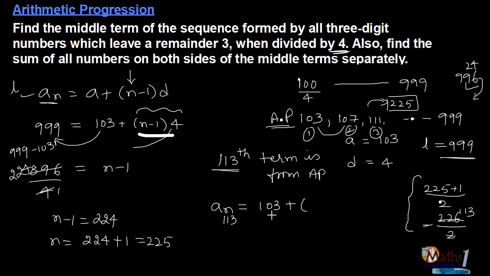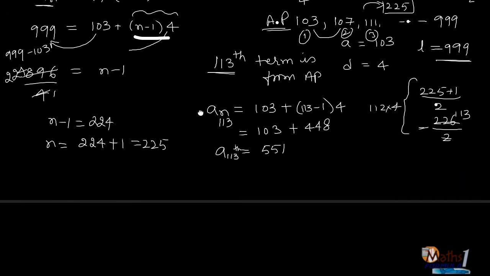So now the value of that 113th term, a113, a is 103 from the same AP, plus (n minus 1), n is 113 minus 1, then multiplied by 4. That will be 103 plus 112 multiplied by 4, that will be 448, that will be 551.